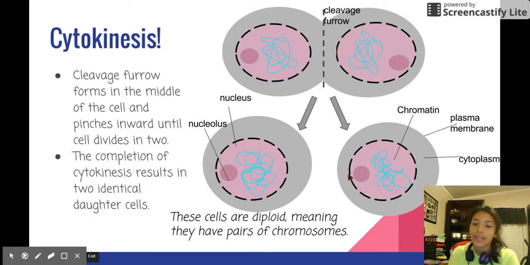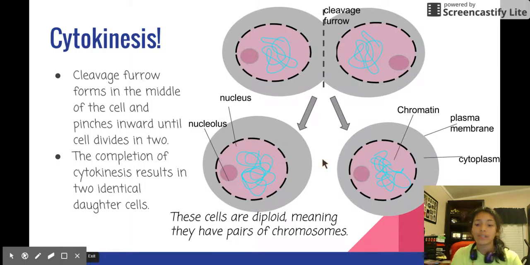Only in animal cells, cytokinesis is completed by using some type of microfilaments to pinch the middle of the two almost separated cells. It keeps pinching until they are separated, and that pinch point, I guess you could call it, is called a cleavage furrow, right here.